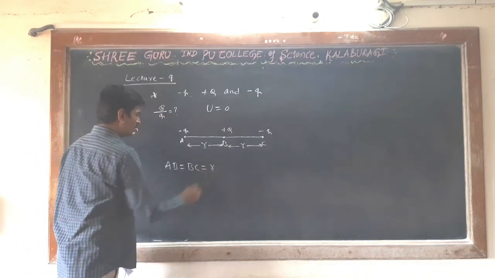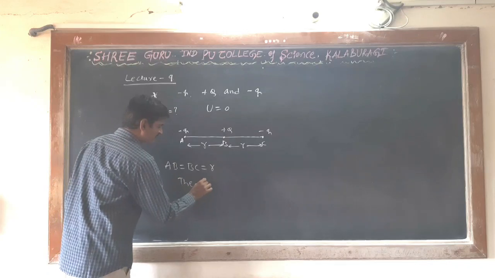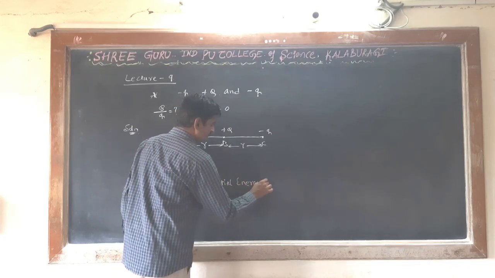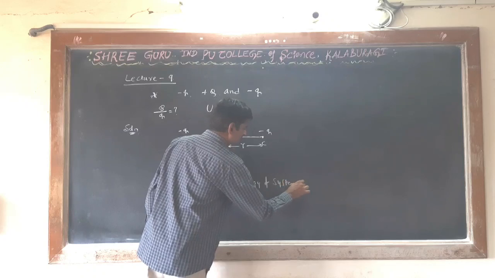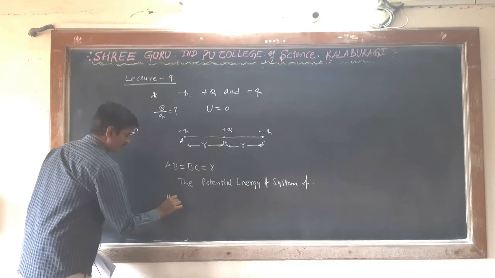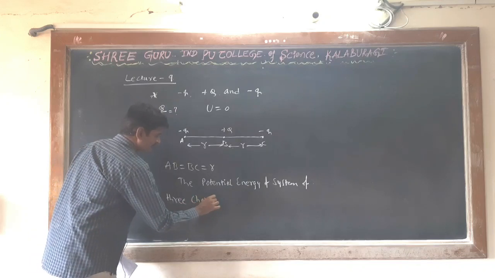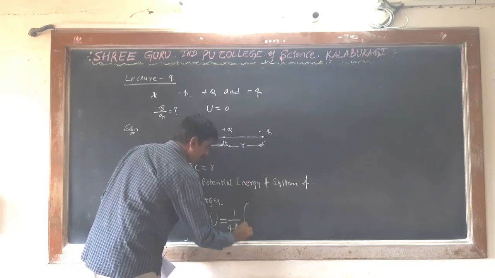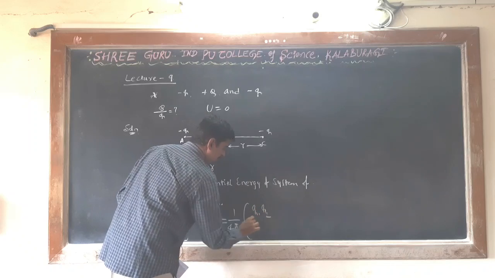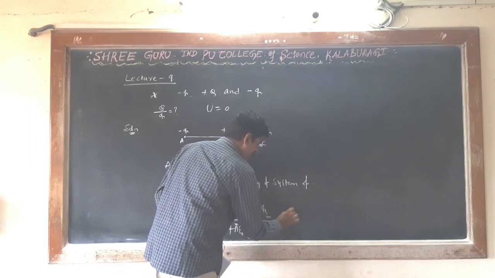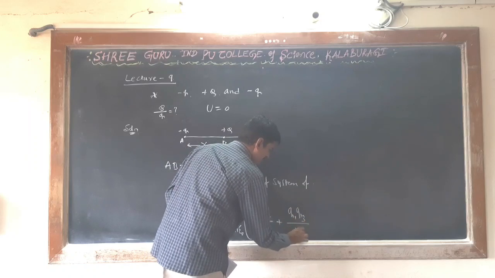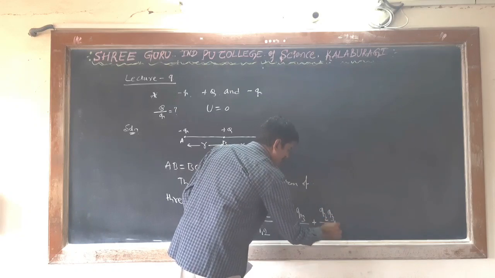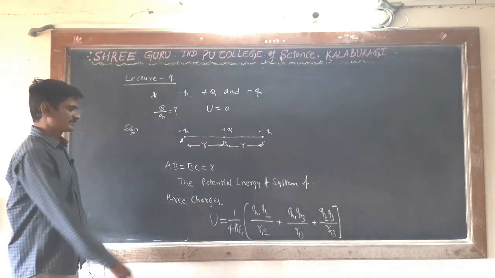Now the potential energy of the system of three charges is given by U is equal to 1 by 4 pi epsilon naught, Q1 Q2 divided by R12 plus Q1 Q3 divided by R13 plus Q2 Q3 divided by R23. This is the formula for potential energy of a system of three charges.